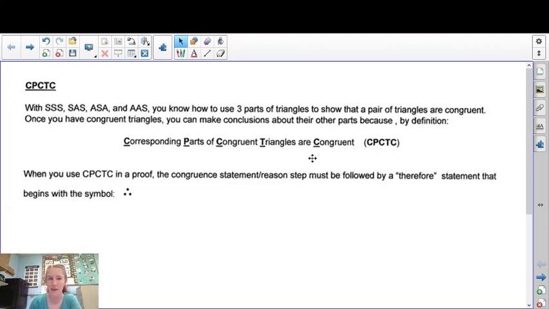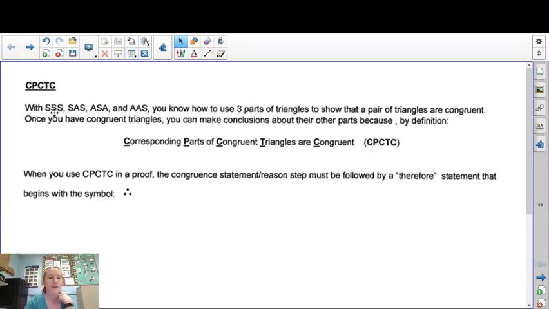So we're going to go ahead and go through our last idea, which is called CPCTC. Whew, that's a mouthful. What does this stand for? Corresponding parts of congruent triangles are congruent. So this will be used to show that other pieces of a triangle are congruent by first using side, side, side, side, angle, side, angle, side, angle, and angle, angle, side.